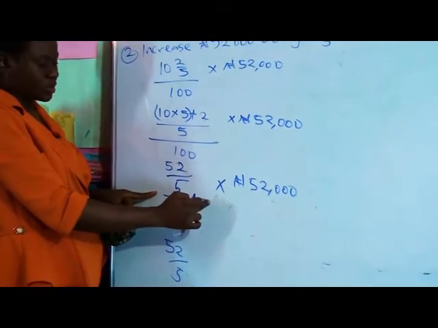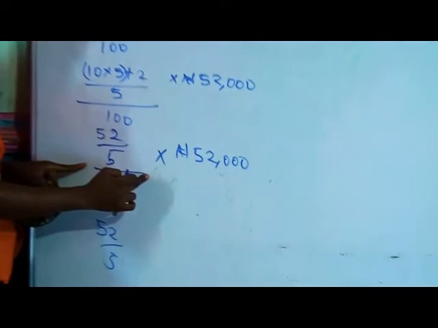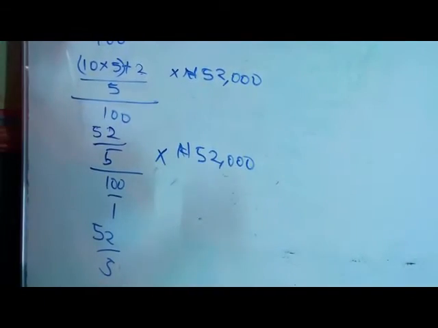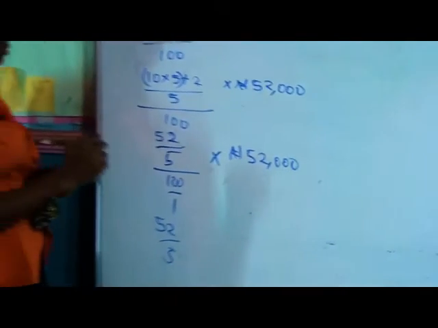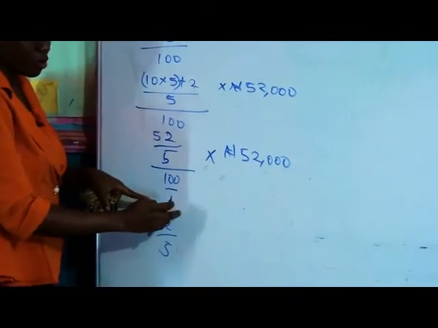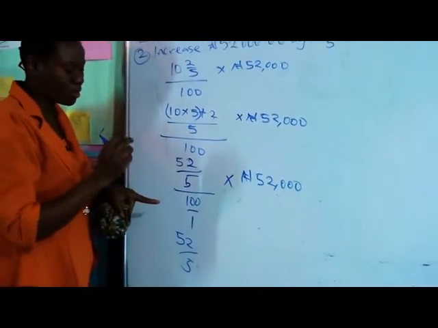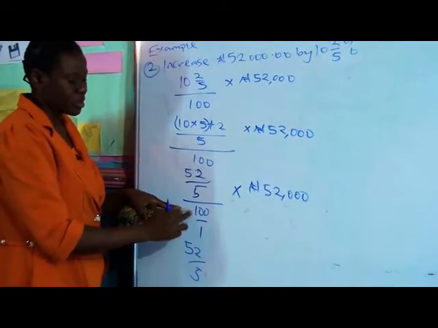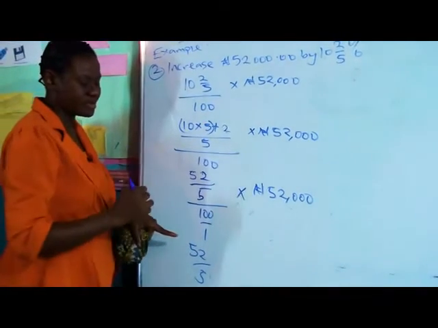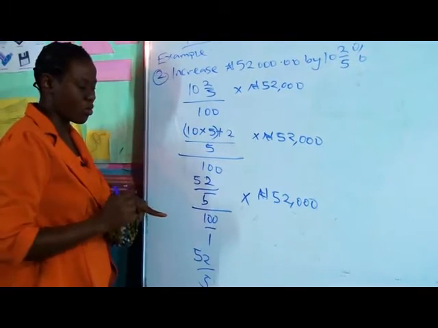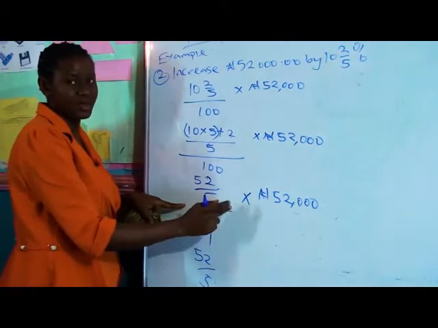Now this is a big division. We'll reverse it. We'll do a reverse. 100 over 1 when reversed gives us 1 over 100. The division sign becomes times.